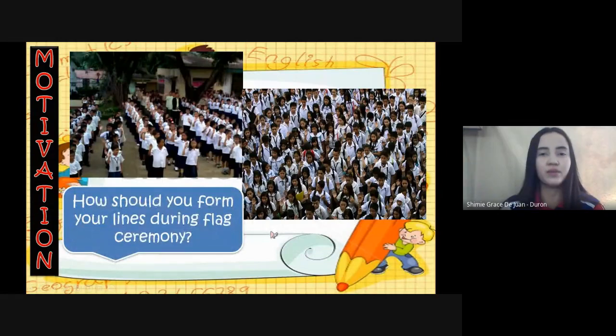So I would like you to answer, how should you form your lines during flag ceremony? Okay, it should be straight. Grade levels are separated from each other, right? Okay, just like what they are doing here.